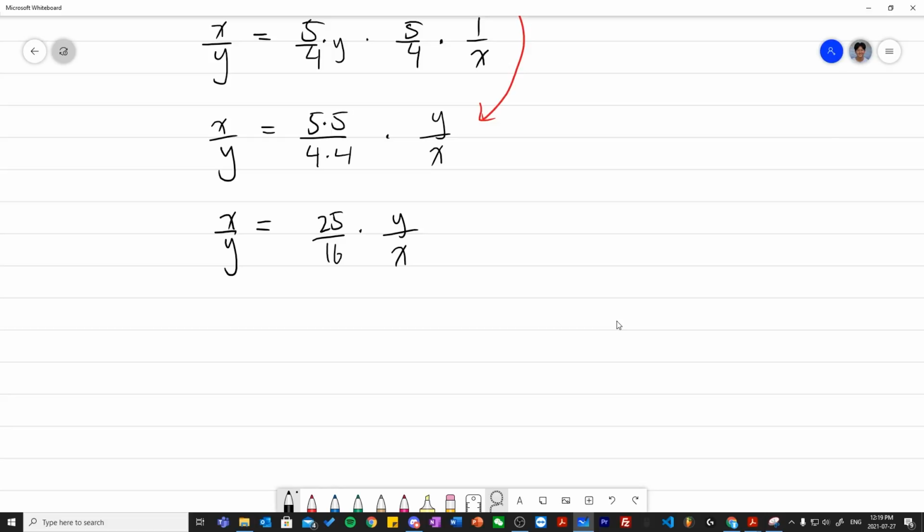Technically, we could just say that x over y equals 25y over 16x, right? But I'll let you guys see why that's the problem. We're actually not done at this point because why?